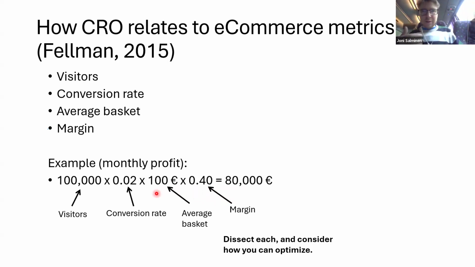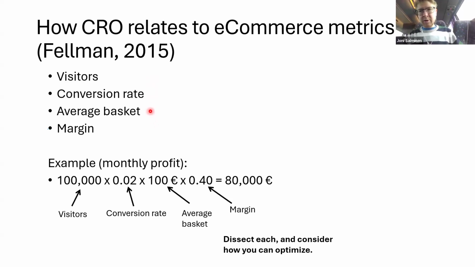So these are all variables when we talk about optimizing. So it's not only about conversion rate again, but when we want to improve the outcomes, we want to look at all of the possible variables that we can adjust. So it includes number of visitors, it includes average basket, and so on.